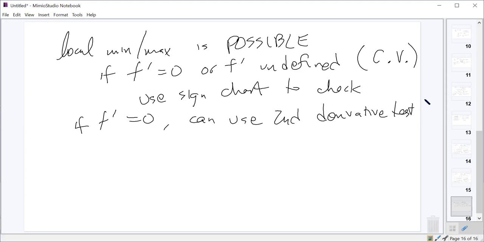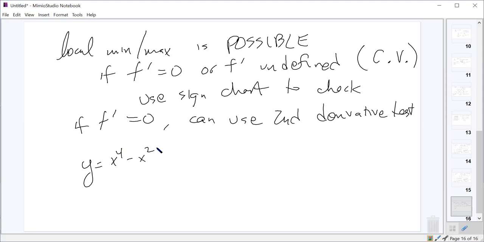let's use, for example, y equals x to the 4th minus x squared.